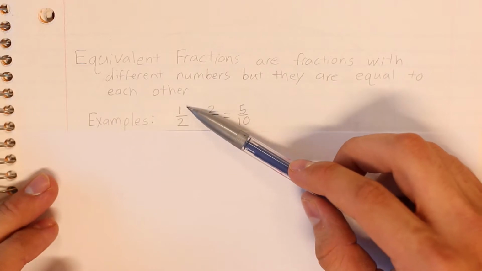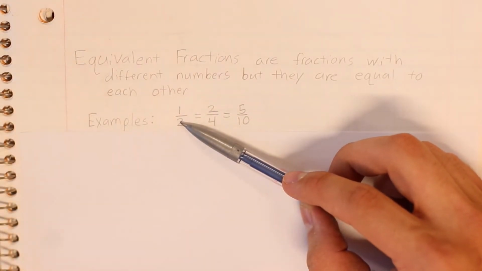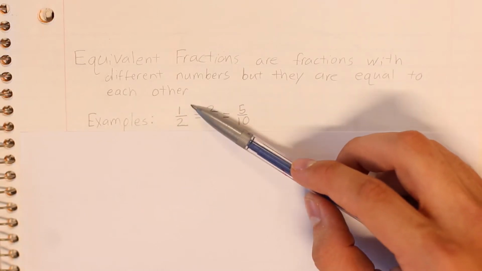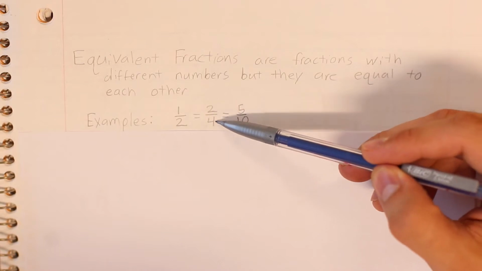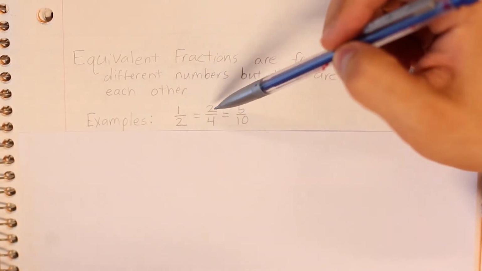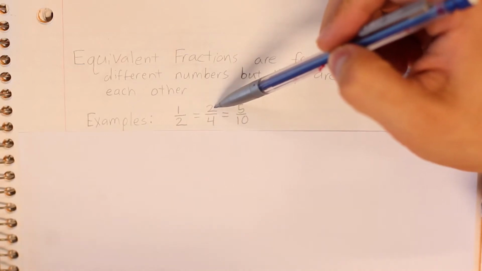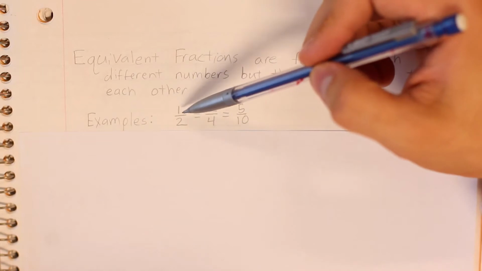You can write 1/2 as 1 over 2, but its value doesn't change just because you change the numbers. This is an example: 2 over 4 or 5 over 10. I hope that you can see that this is still equal to 1/2. If you have 2 over 4 and 5 over 10, these could reduce back down to this.